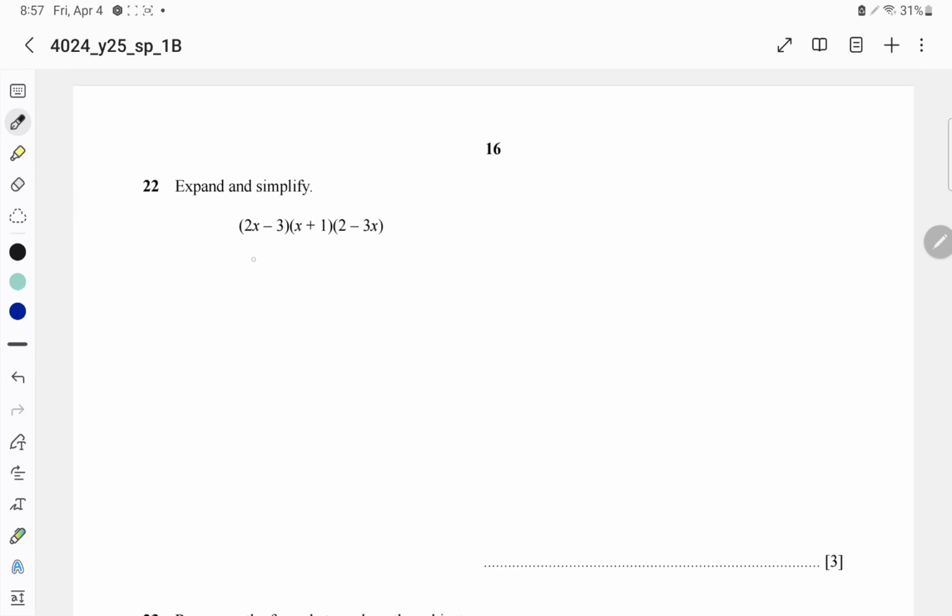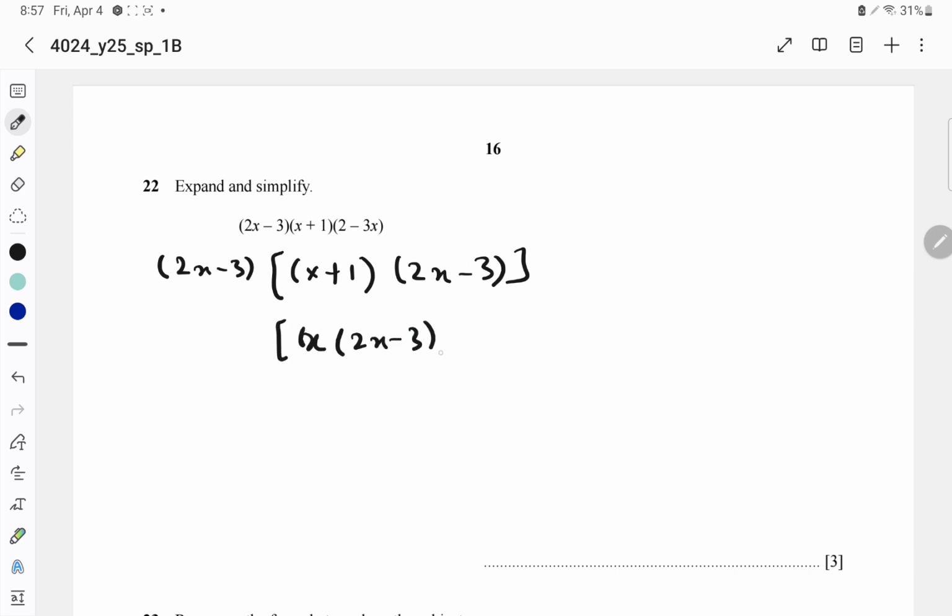In expand and simplify, I'm multiplying x plus 1 and 2x minus 3 first. Either you can do the first and second first and multiply with the last one. So x into 2x minus 3 plus 1 into 2x minus 3, and then you have 2 minus 3x.